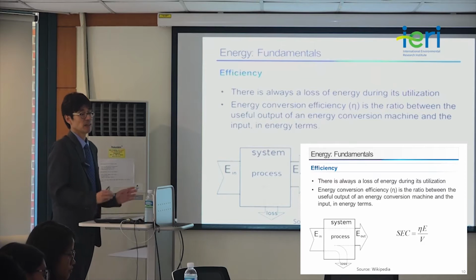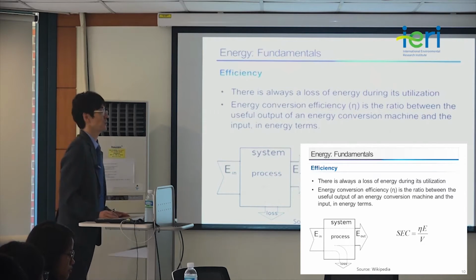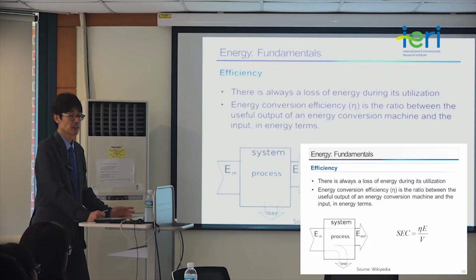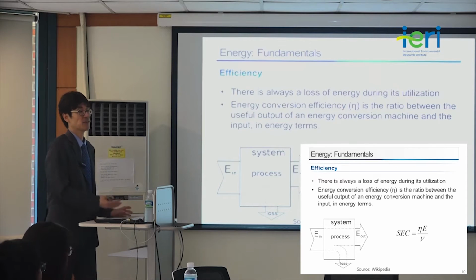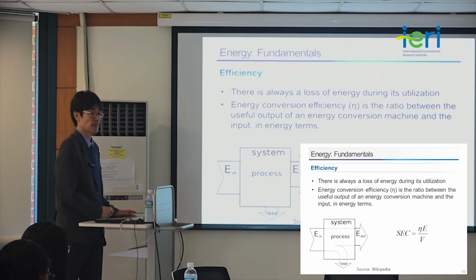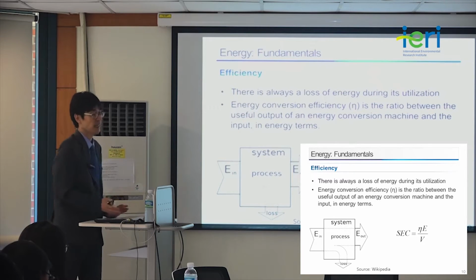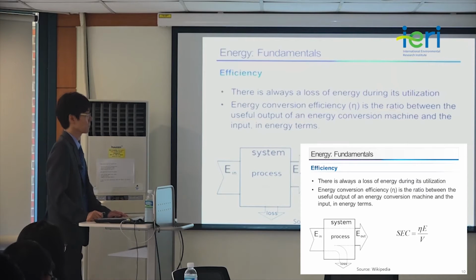It means that the actual energy consumption is always larger than this ideal or thermodynamic energy consumption. So this efficiency is very important, and this efficiency part is something that the engineers can handle. Engineers cannot alter the thermodynamic relationship, but engineers can change the efficiency a little.